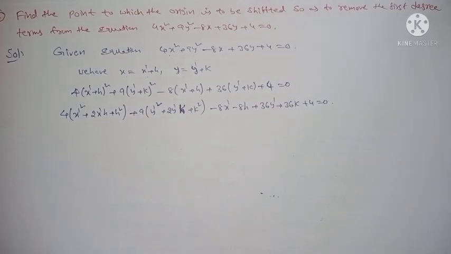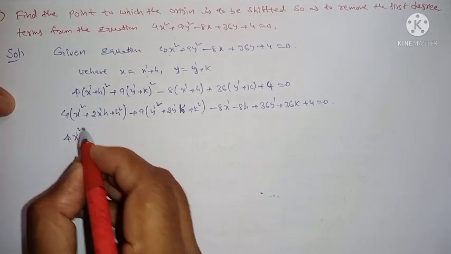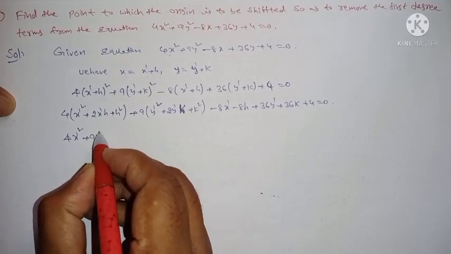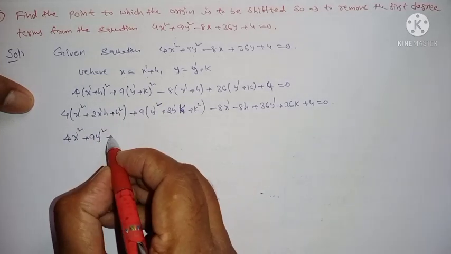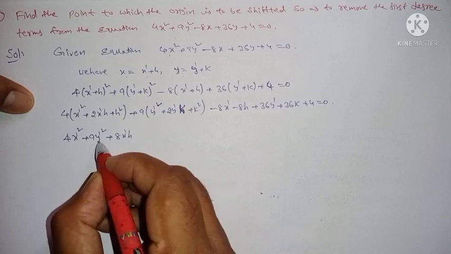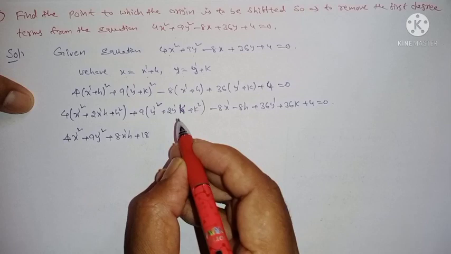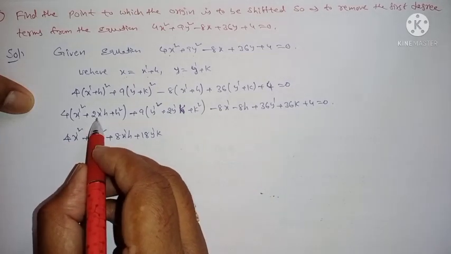You can write in order. How can I write here? 4x dash whole square is the first term, and the second one is 9y dash whole square. Again you can multiply here. What will you get? 4 into 2 is 8x dash h, and the y term is 9 into 2, 18 y dash k. This term is over, the second term is.